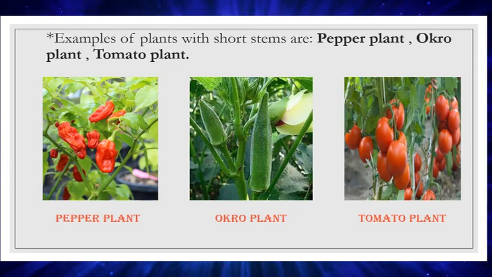They have short stems. They don't grow as tall as the odum and the wawa and the coconut. They have short stems, like short people. Some plants are also short, like the pepper plant, the okra plant, and the tomato what? Plant. I hope you're okay. Okay, let's go to the next one.